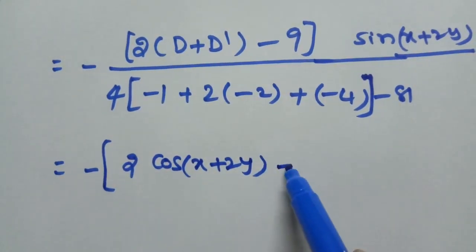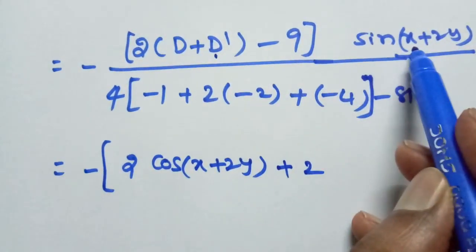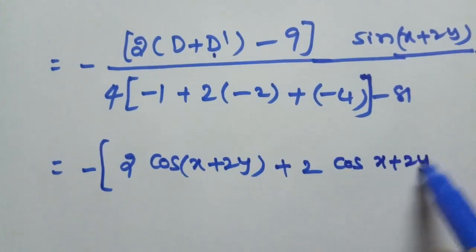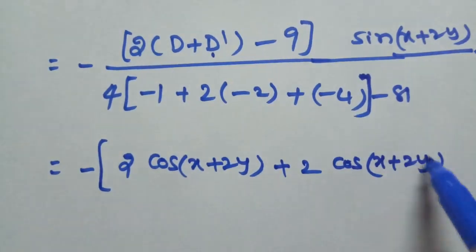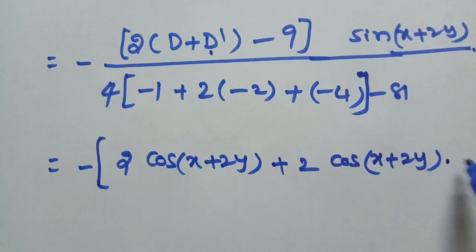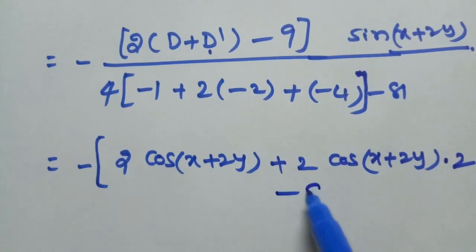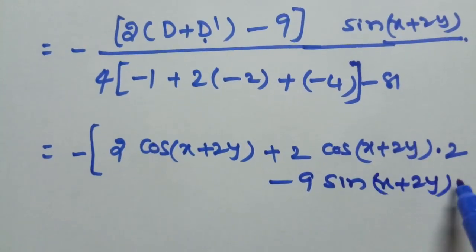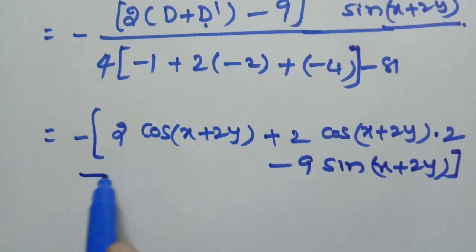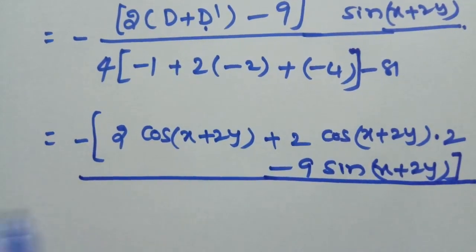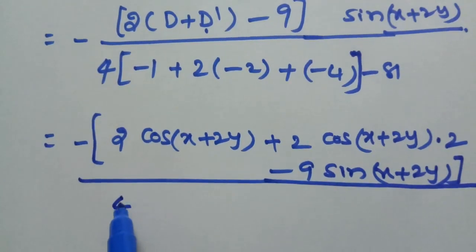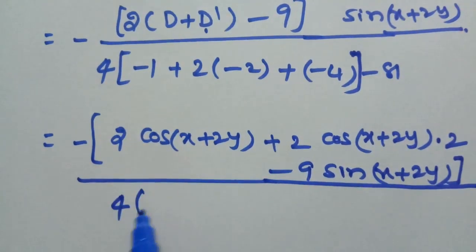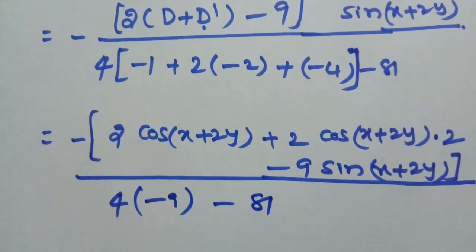Next, plus 2 into the partial derivative of sin with respect to y, that is cos(x + 2y) into the partial derivative of x + 2y, that is 2, minus 9 into sin(x + 2y) by 4 into, this is −9 − 81.